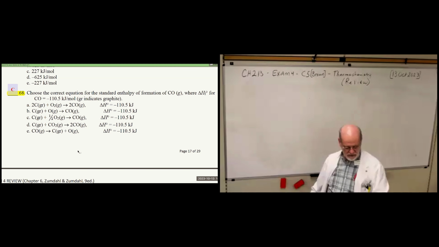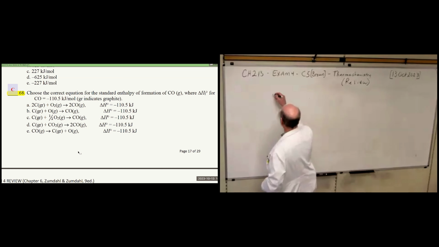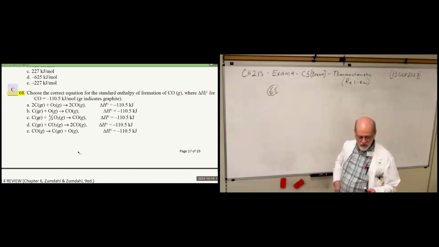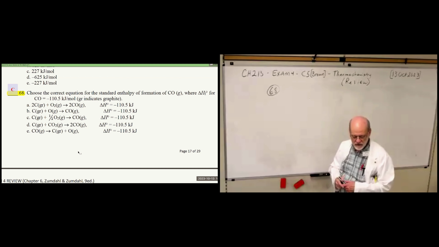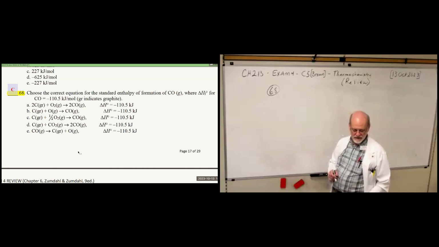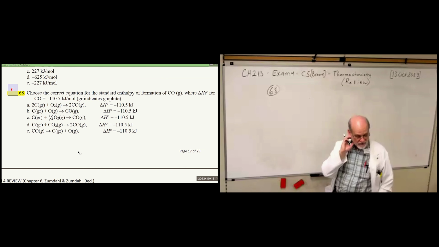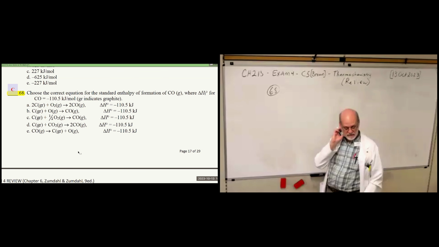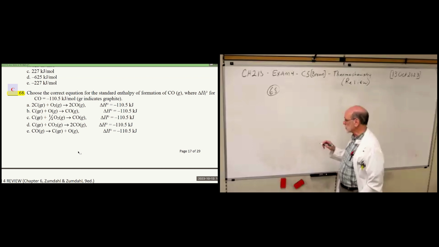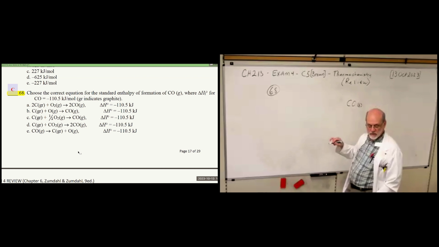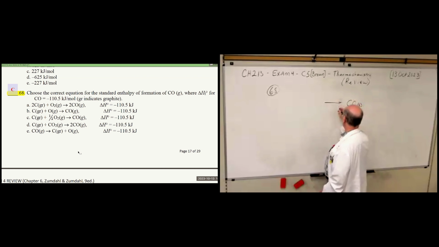All right, 68. Choose the correct equation for the standard enthalpy of formation for carbon monoxide gas, where standard delta H of formation for CO is minus 110.5 kilojoules per mole. GR indicates graphite. Graphite is the most stable form of carbon. So we're going to start with the product. That's where you always start with the heat of formation. Then we work backwards.